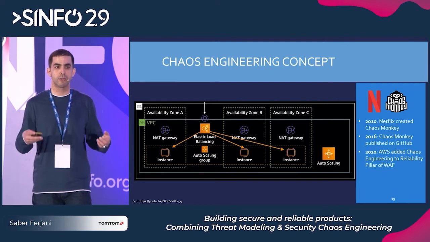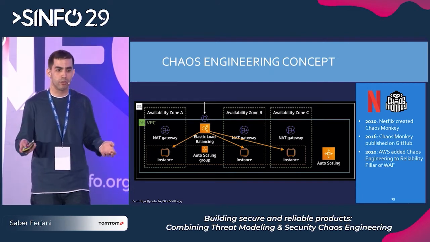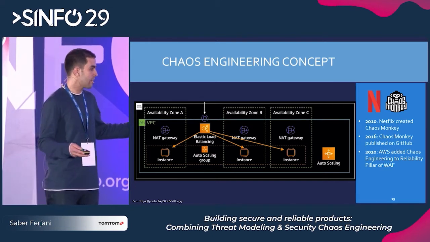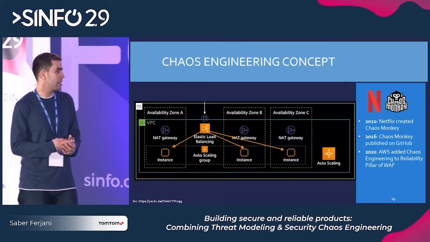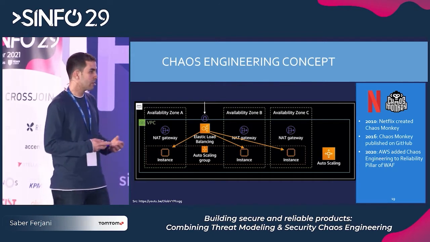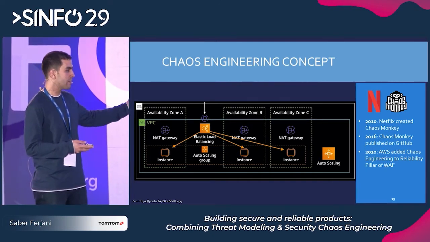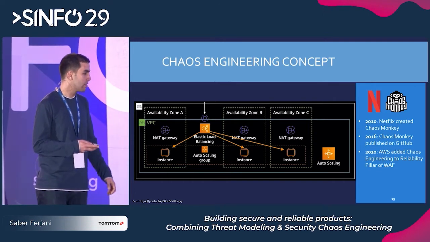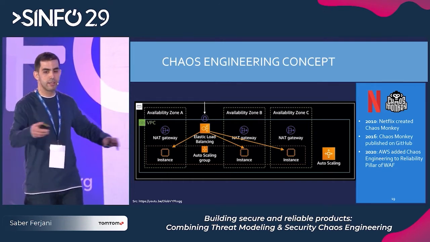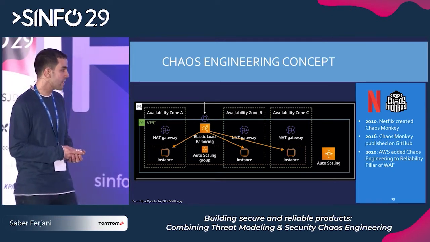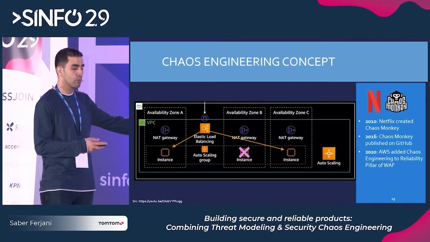The system has to self-heal or self-recover when an incident happens, when a service goes down. Let's take this infrastructure as an example. So you have multiple availability zones, you have an elastic load balancing, and you have multiple instances. So the elastic load balancer is trying to reroute traffic depending on the load, and what we can see is that this instance was killed.